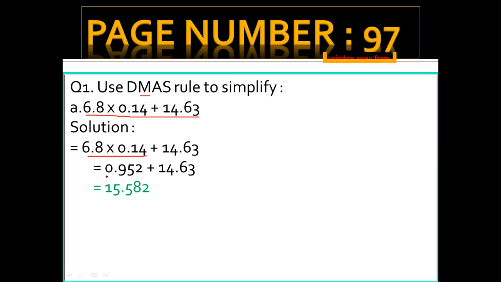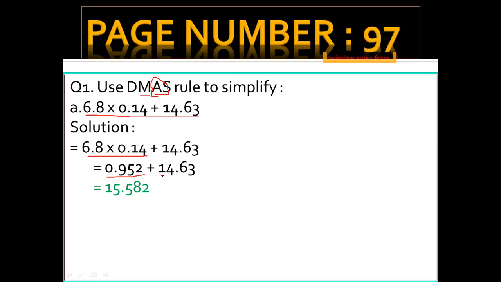When you multiply these two, 0.952 we have. After the multiplication, because there are 3 numbers after the decimal, 8, 1 and 4, it means that when you multiply it, the decimal place will be before 3 numbers, 0.952.